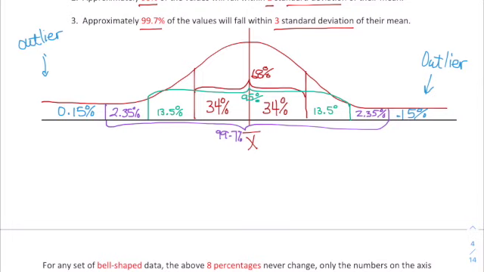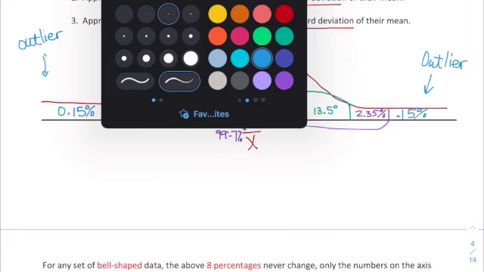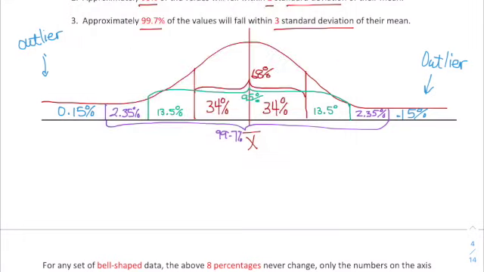All right, now we understand the percentages. So now we are going to talk about how you get those numbers. Those percentages do not change, but the numbers do, because every single set of data will have a different mean and probably a different standard deviation.